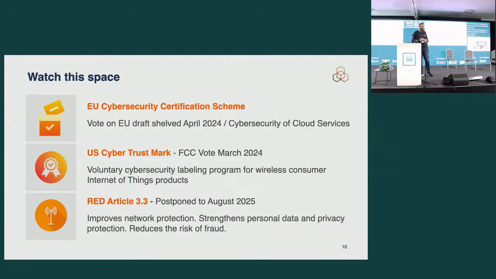And there's Article 3.3(f) that covers the devices that are used more specifically to handle transactional data, like financial transactional data. And here they try to reduce the risk of fraud, so stuff like proper authentication, and these kinds of things.